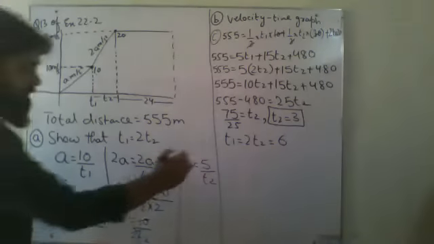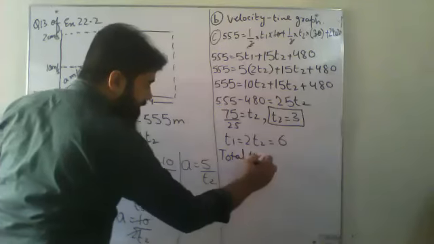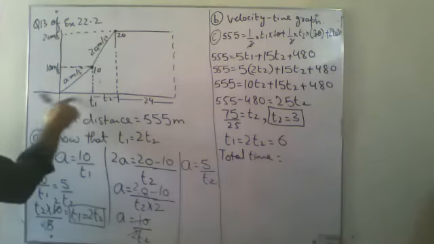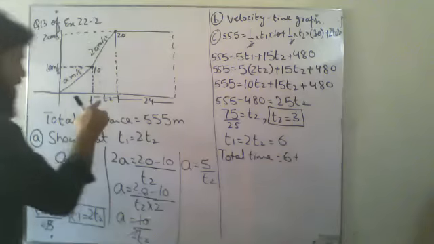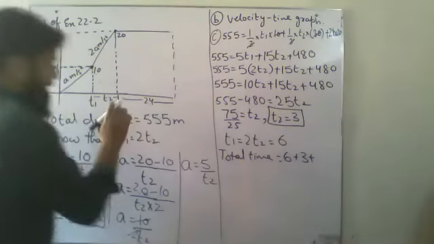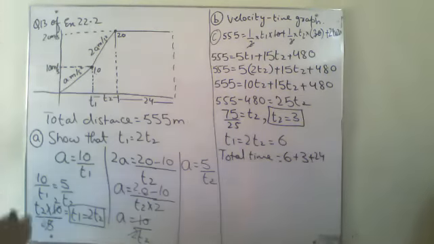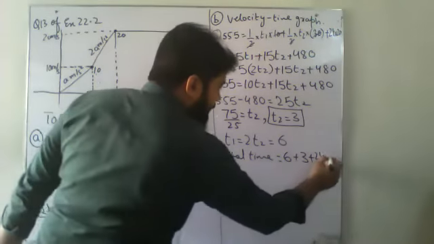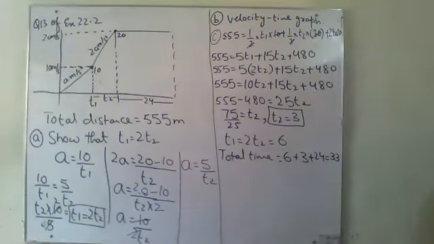So for total time, what will I do? I will have T1 that is coming 6, T2 that is coming 3, and then 24. Okay, so when I simplify it, my final answer is coming 33 seconds over here.